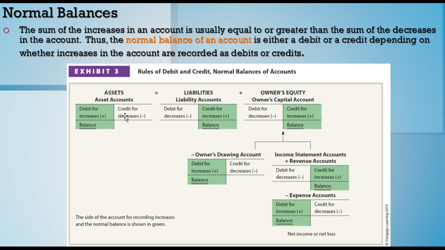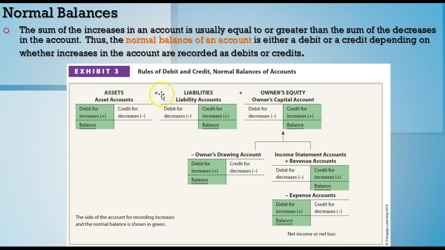If I increase cash, I debit it. It's an asset. If I take money away from the cash, I credit the account. Liabilities are just the opposite. And that's because you have to balance between these two, right? So if I want to decrease a liability account, I would debit it. And if I want to increase it, I would credit it.